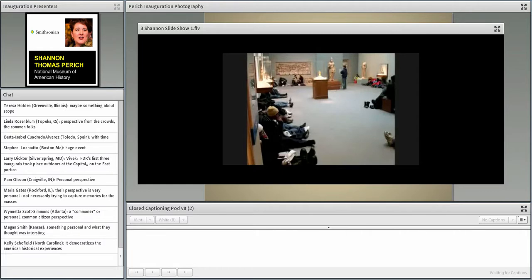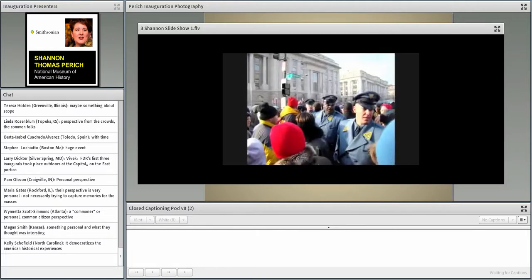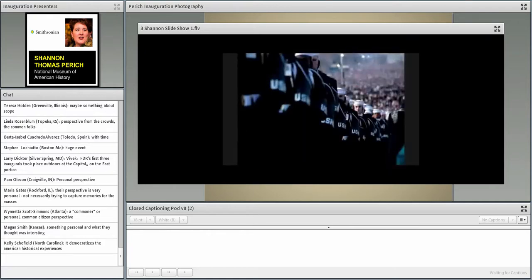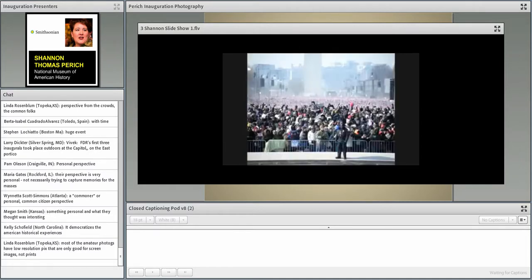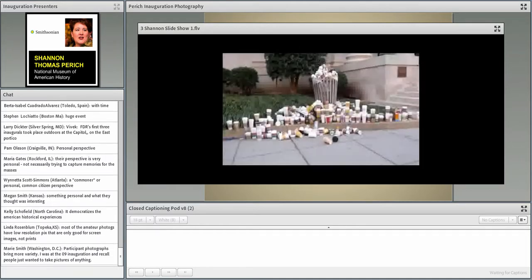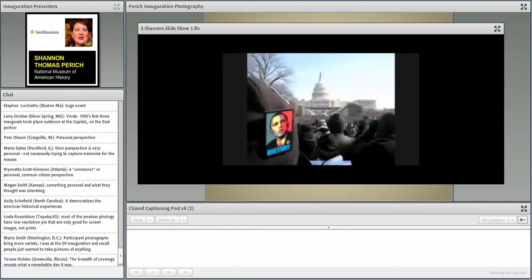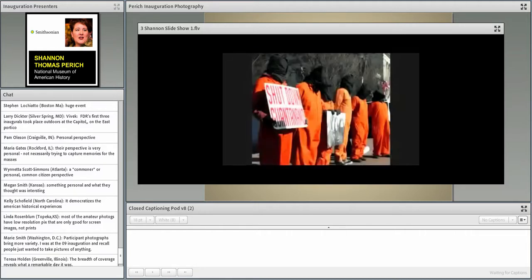So Megan Smith inserts, in talking about what the common or ordinary point of view is, that something is personal, something that's interesting. I like the idea that it democratizes the American historical experience, because in fact there are many historians who feel that the experience is what happens at the ordinary level, not just what happens at the decision-making level or the military level.